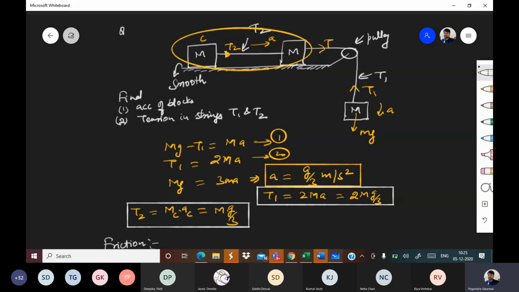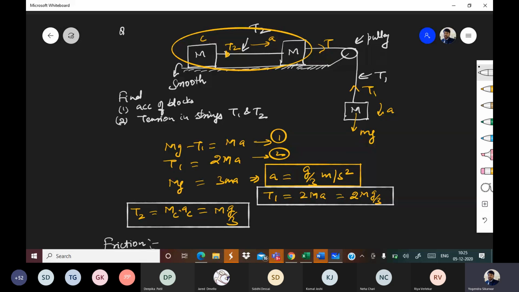One mass is hanging, one mass is on the table, and the third mass C is also on the table. The hanging mass and the other mass are connected by one string, which we call tension T1. The tension between the other two masses on the table we consider as T2.